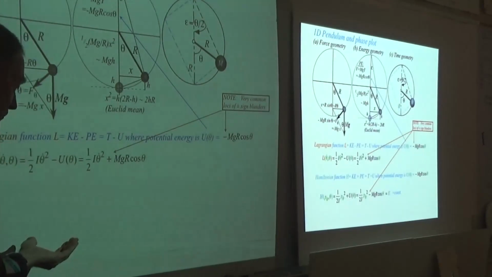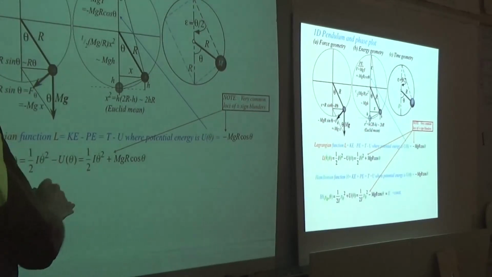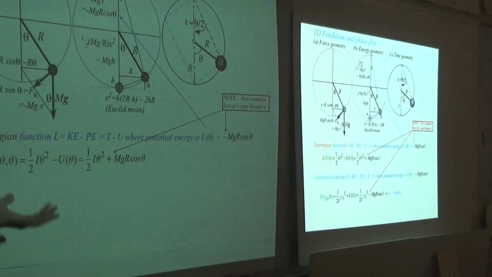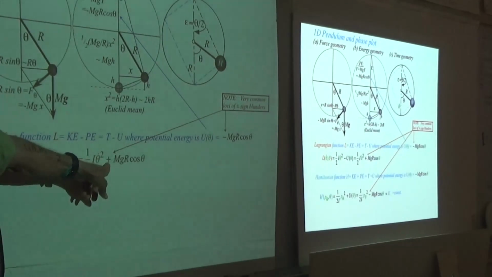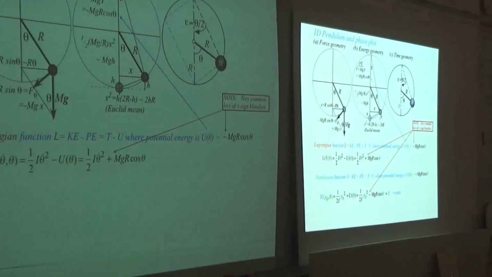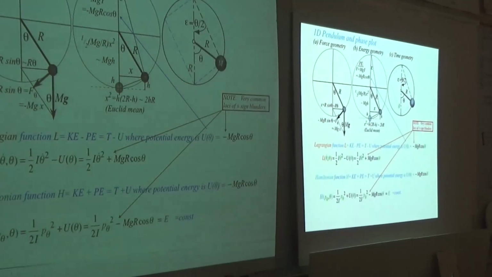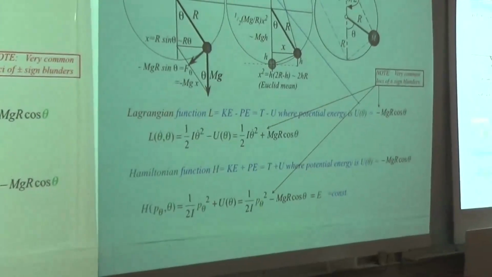So I've got to turn the cosine with a minus sign down like this, so I can have something that sits at the bottom. That's what my potential is. And therefore the Lagrangian, which has a minus potential, has a plus sign here. But the Hamiltonian has got a minus sign there.